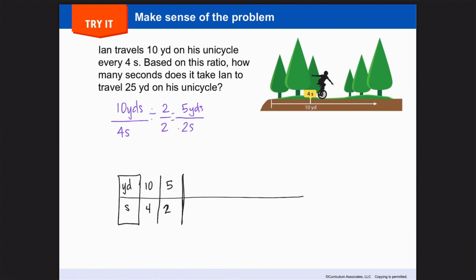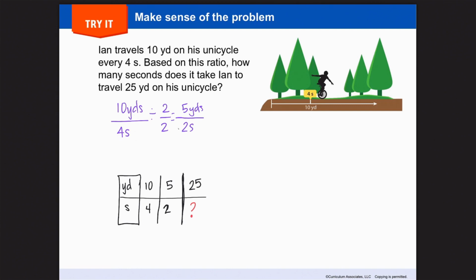Now that I have a friendly number, I can put in that I need to find 25 yards, right? So what I'm really trying to figure out here is how many seconds it is going to take to get there. Sorry, my ratio table is a little long here. All right.